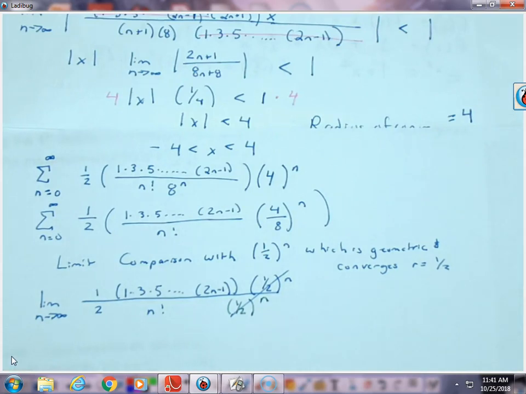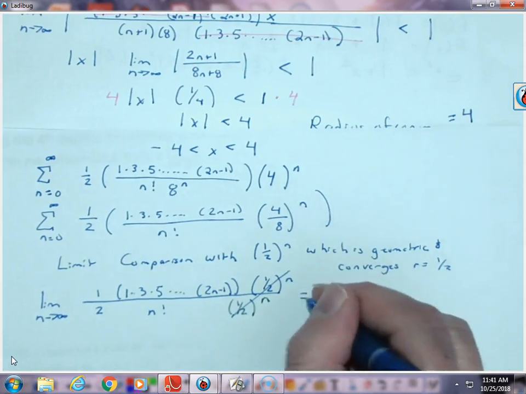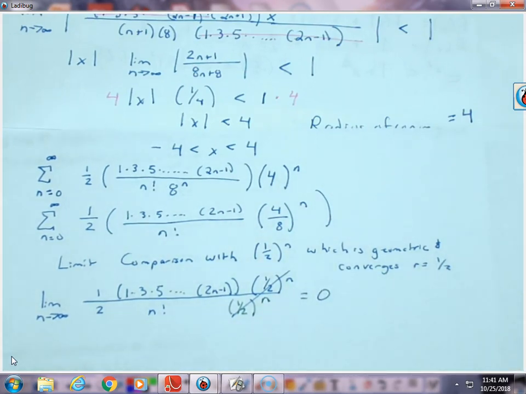Do you have a thought about what you think the rest of that goes to? Yes, 0, because the factorial on the bottom is bigger than the factorial on the top. Yep, and they threw in a 2. This is every single number in the factorial, and this is every other number in the factorial. So if I have all of them, this is going to be bigger in the bottom. And they also stuck a random 2 in the bottom. Okay, so this is going to 0, which, is that positive and finite?